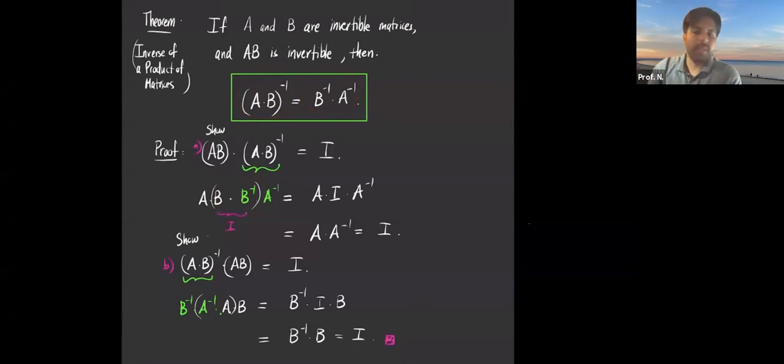Because the other way, if this was A inverse, B inverse, and you try to do this, you would not get the identity. Like the moment you do this, A times B, and then A inverse B inverse, you can't switch the order.